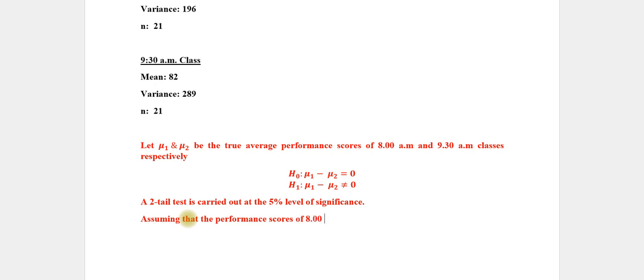8 a.m. and 9:30 a.m. classes are independent, come from normal populations.